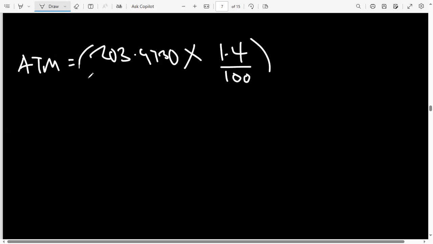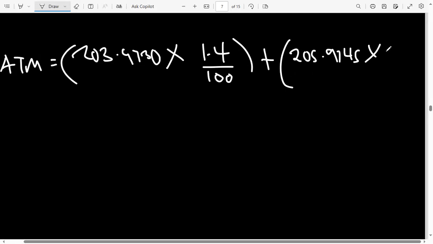So this is the first mass, and then we are saying plus. We put the second mass here. We had a 205.9745 multiplied by the percent, which was 24.1 divided by 100.